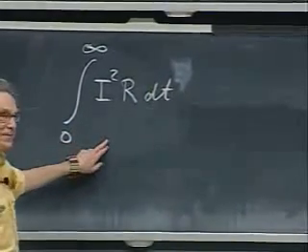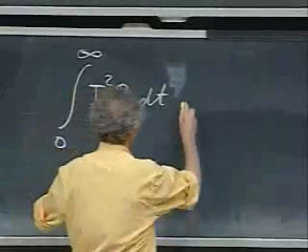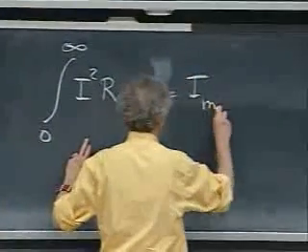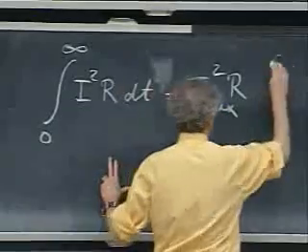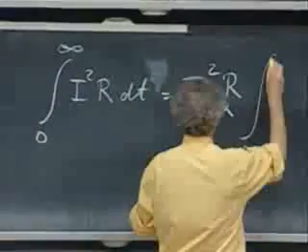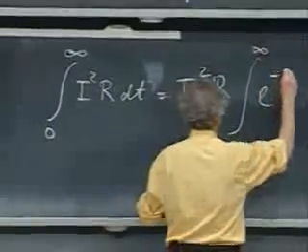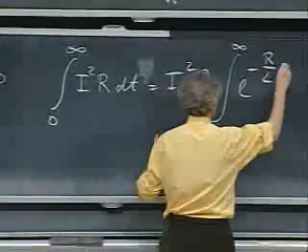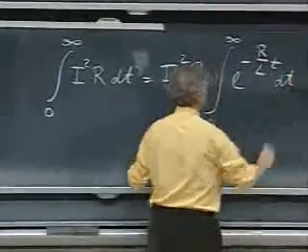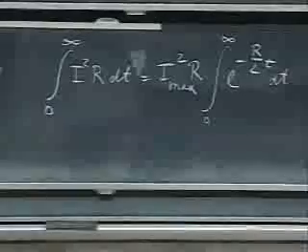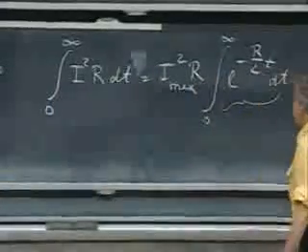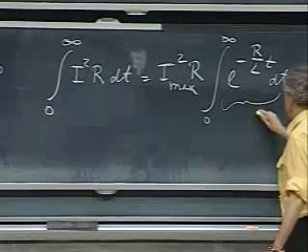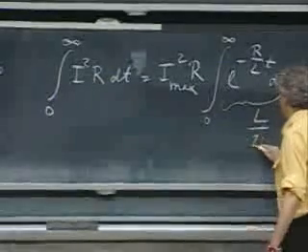But I know what this current was. I just erased it, but I still remember it. So I can bring I max outside, and I can bring the resistance outside, and then I get the integral from 0 to infinity of e to the minus R over L times t dt. And this is a trivial integral. This integral is L divided by 2R.